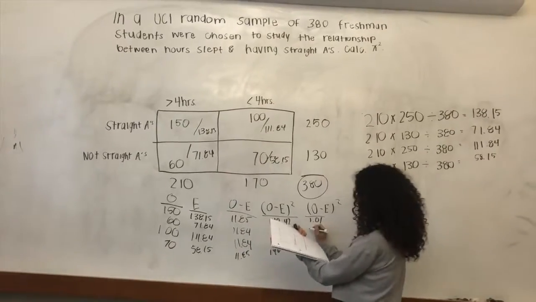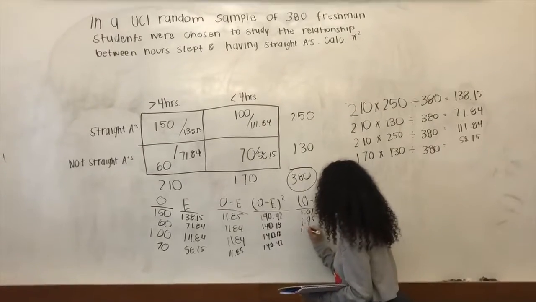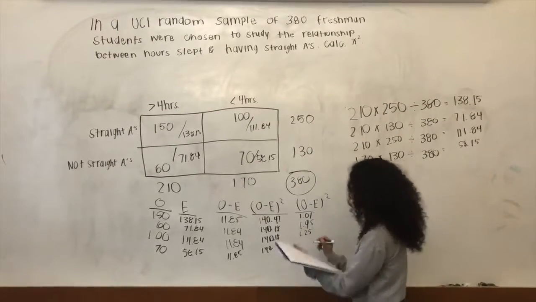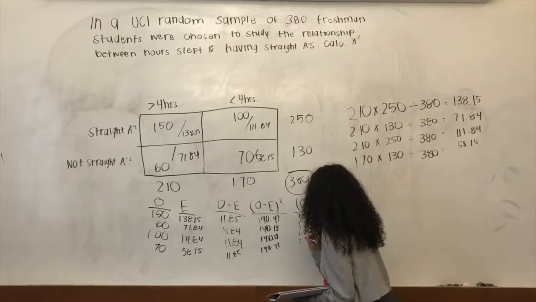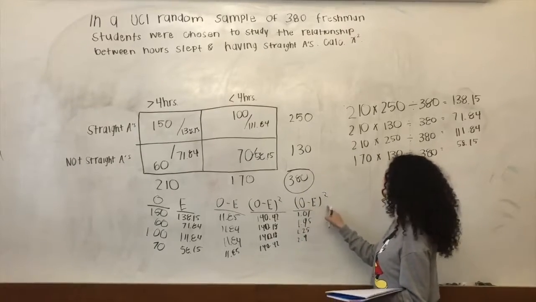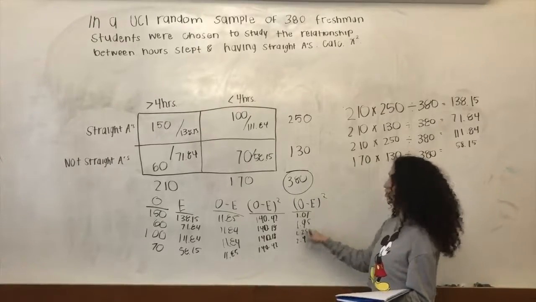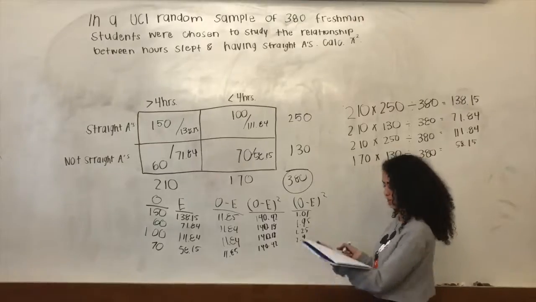The calculations are going to be 1.95, 1.25, and 2.4. Also, outcome minus expected squared is always going to be close to 1. So that's how you know you're going down the right path if you're near 1.